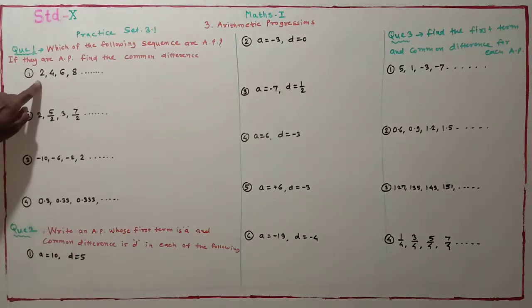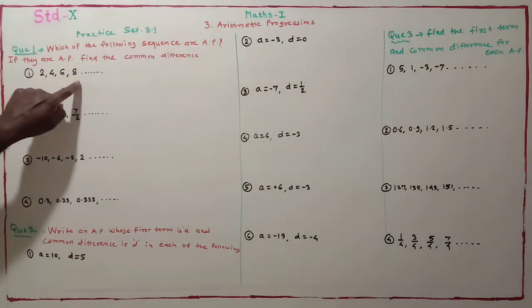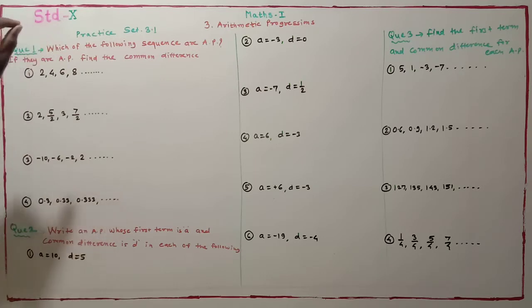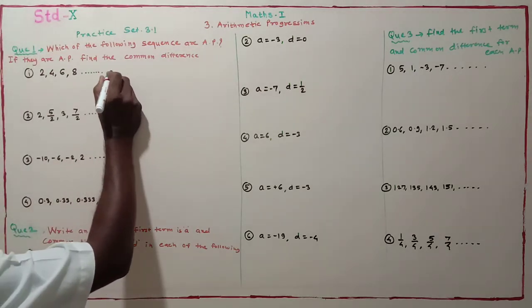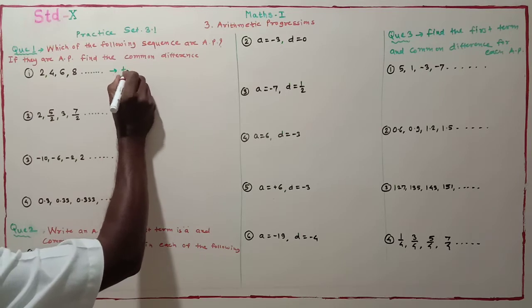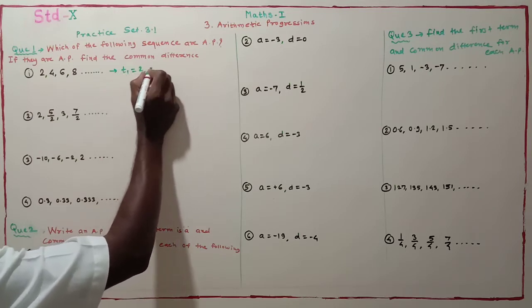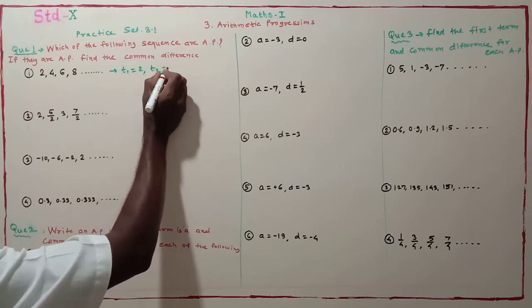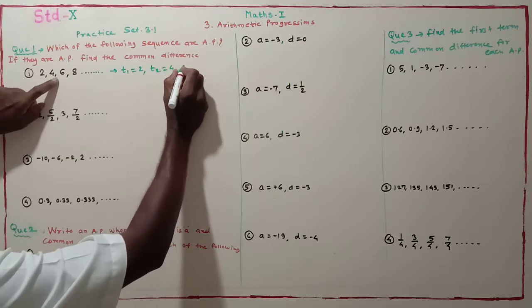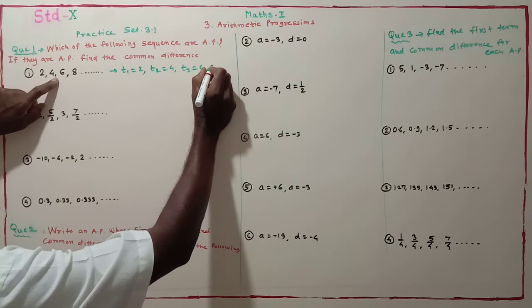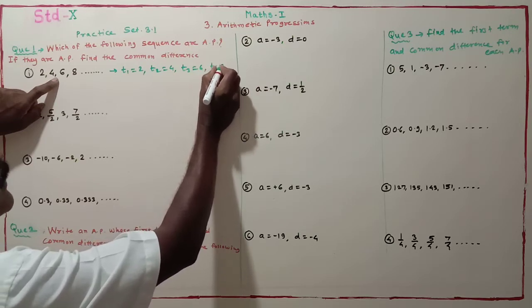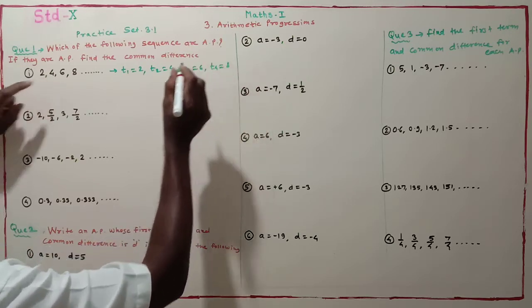In the first example, 2, 4, 6, 8 is the given sequence. In the given sequence, T1 is equal to 2, T2 is equal to 4, T3 is equal to 6 and T4 is equal to 8.